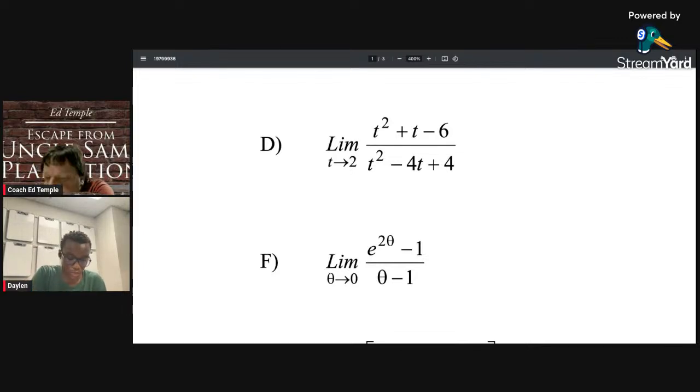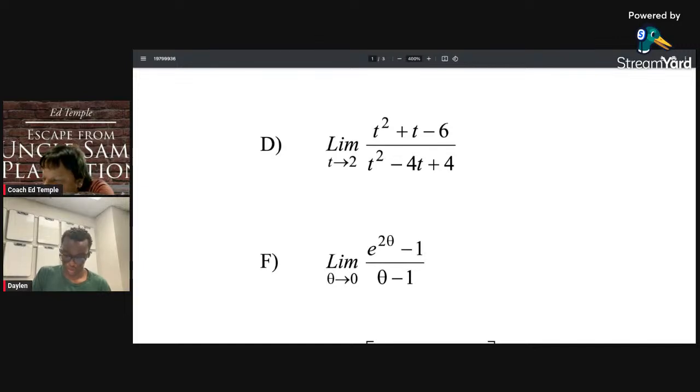Exactly. And what's that going to be? -2 and -2. Right, so the assumption is that -2 is probably on the top. So then same question, what's that going to be? T plus 3 times T minus 2.